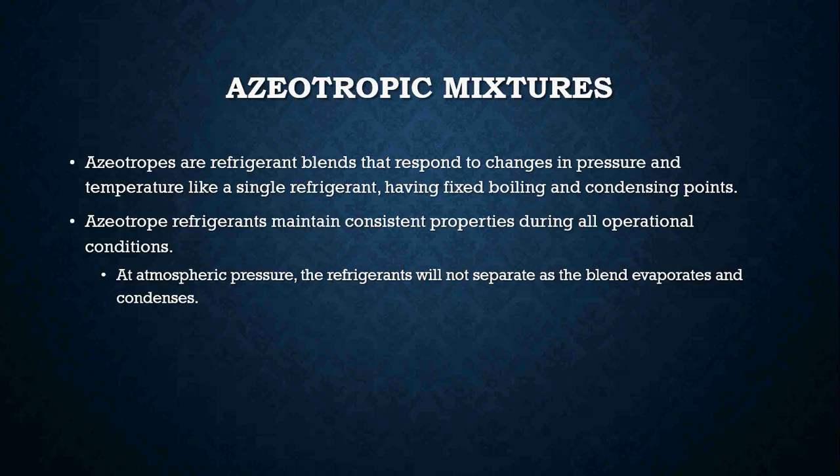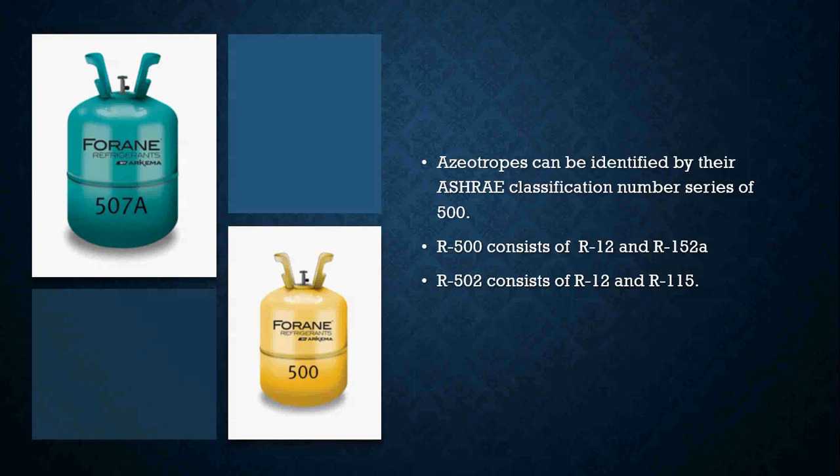Your azeotropes are refrigerant blends that respond to change in pressure and temperature like a single refrigerant, having fixed boiling and condensing points when it's running through the refrigeration cycle. Your azeotrope refrigerants maintain consistent properties during all operational conditions. At atmospheric pressure, the refrigerant will not separate as the blend evaporates and condenses.